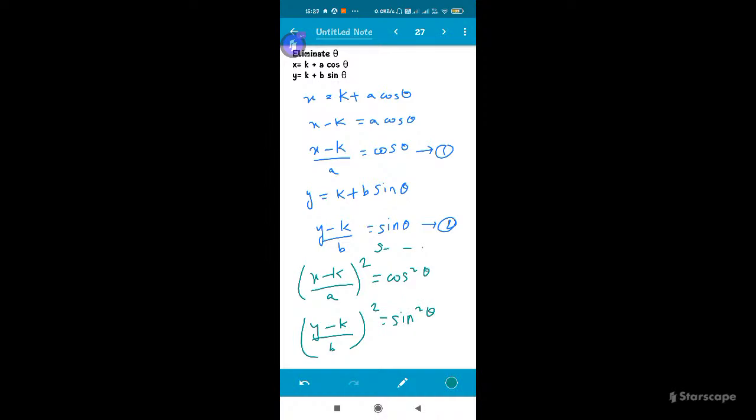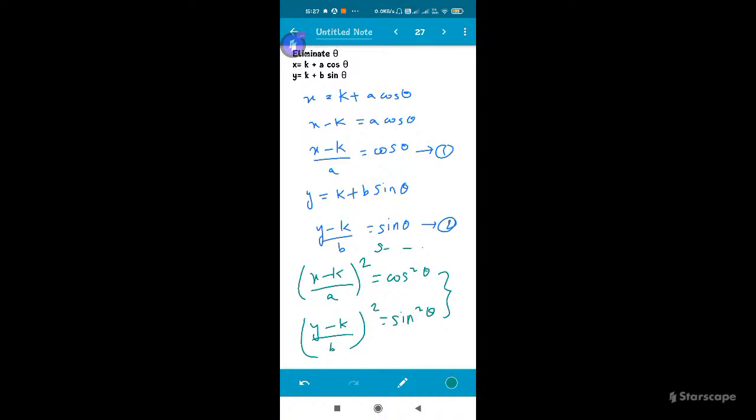Now if we add these two equations, left hand side will get added with the left hand side and right hand side will get added with the right hand side. This is also another very important thing which you have studied in class 9 in simultaneous linear equations, but I am just telling you for recapitulation once again.